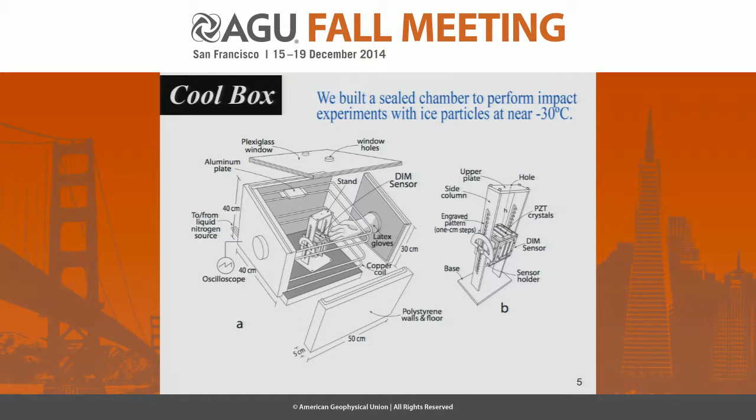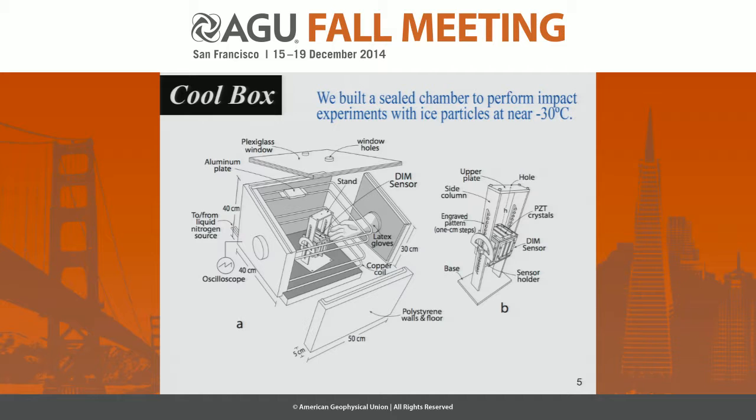We could even go down to minus 40. The box is quite simple, but it was kind of a headache to produce the ice particles. What you see there is a styrofoam box, cooled down by this copper coil, where we have liquid nitrogen running.